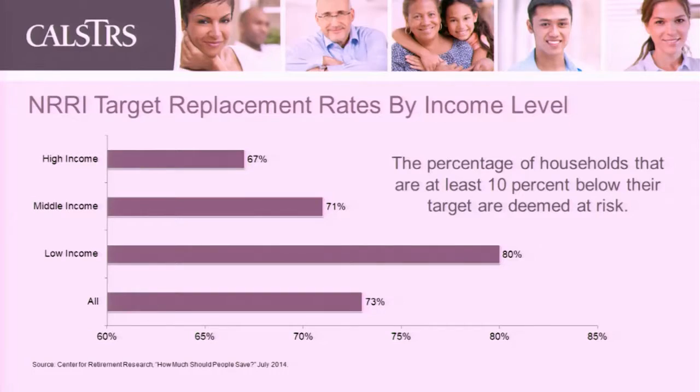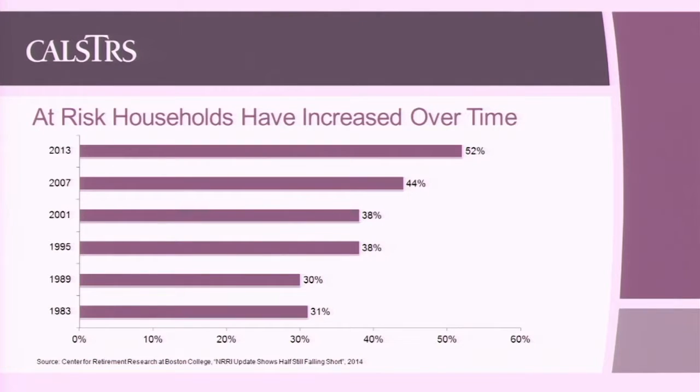So this is the index that I was describing, and the numbers presented here take into account all of the variables that are considered, and they express them across income level. So what you see is that by this methodology, the expectation is those who earn more money are not expected to need to replace as high a percent of their pre-retirement income as those who are not making as much money.